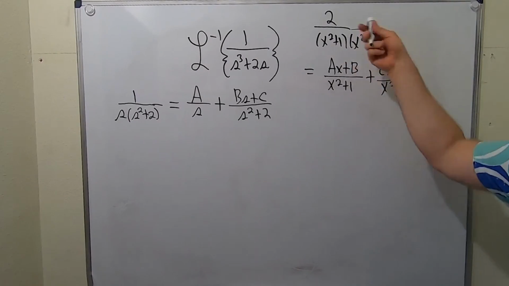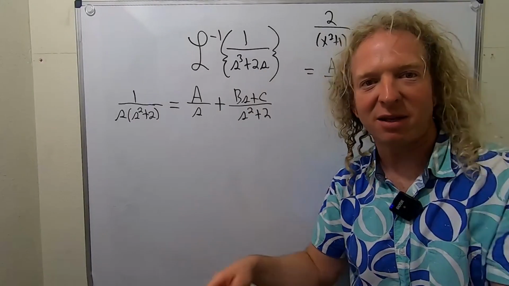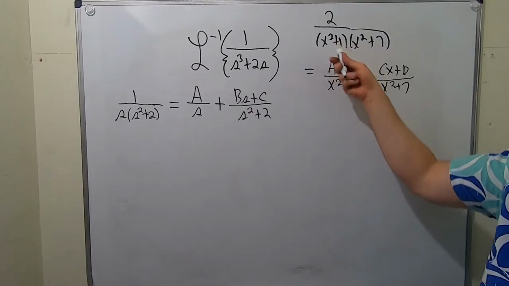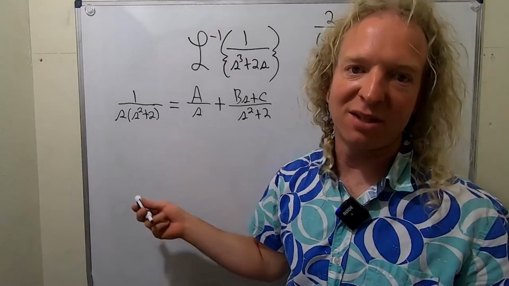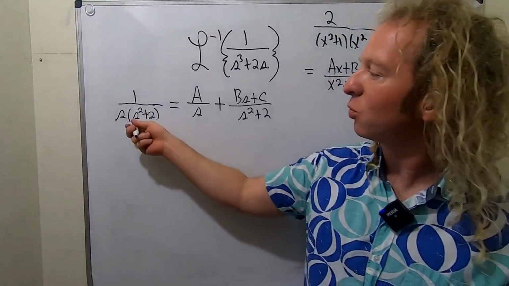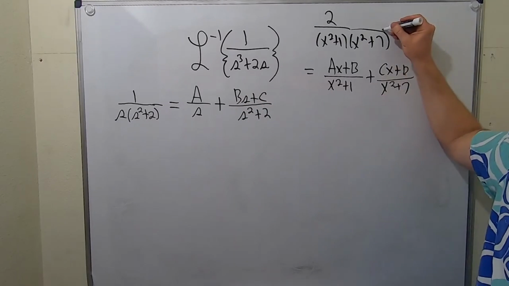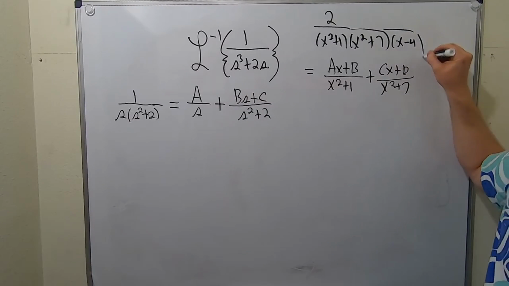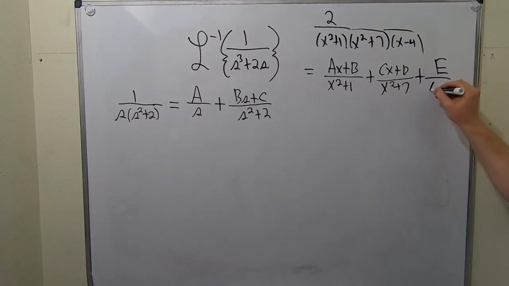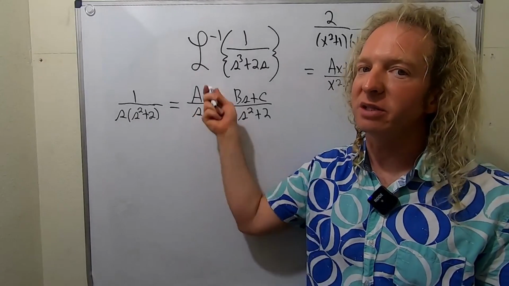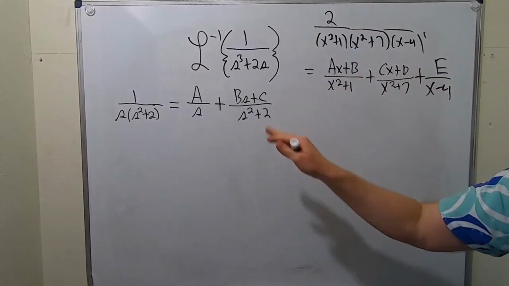So that's how it worked in the past. You've probably seen this before with just regular x's. Here we have s. It's exactly the same thing. So we had s squared plus 2, so we had to have that bs plus c. If I throw a piece here like x minus 4 on top, that would just be e over x minus 4, because that's linear. It's to the first power, right? So the s is linear. Okay, just wanted to make sure that you got that.